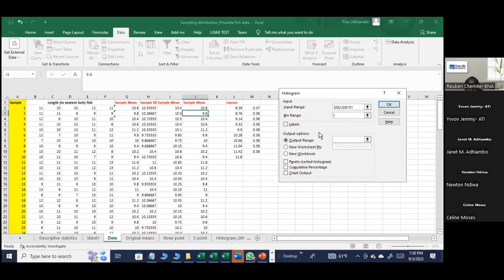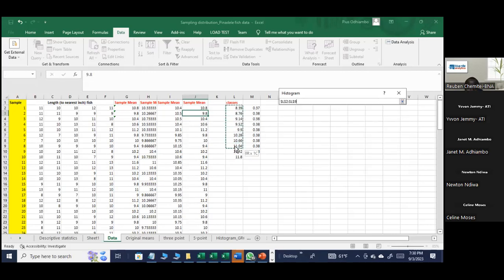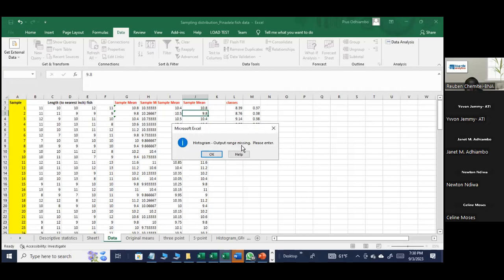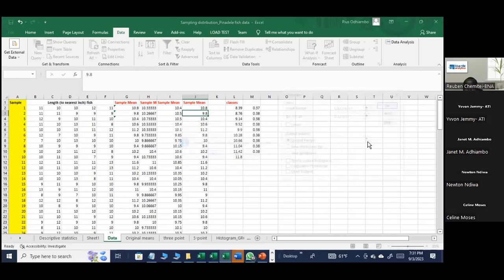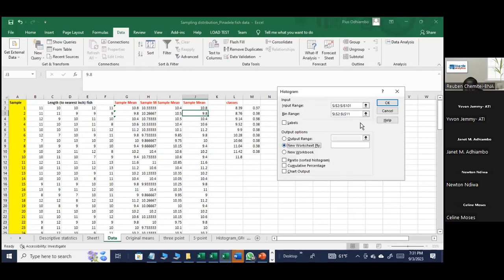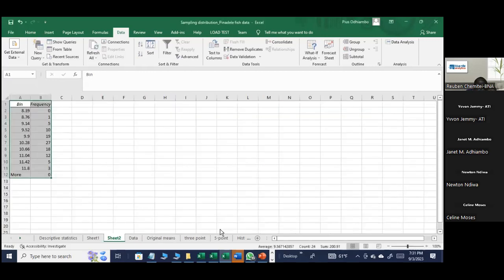It should give us once I have this pin here. We have that. We have this. Then okay. Output range missing. Please enter. Okay. Yeah, it's giving me the frequencies. It's not giving me the graph.